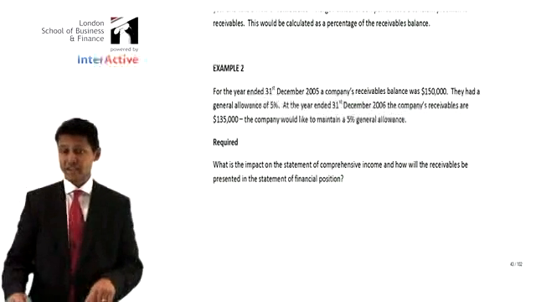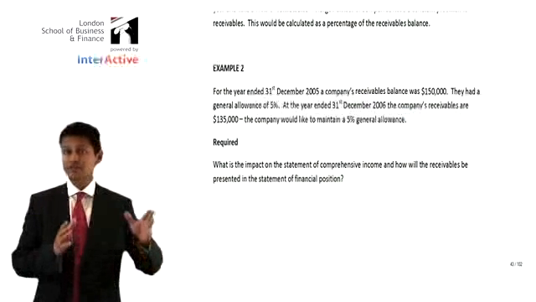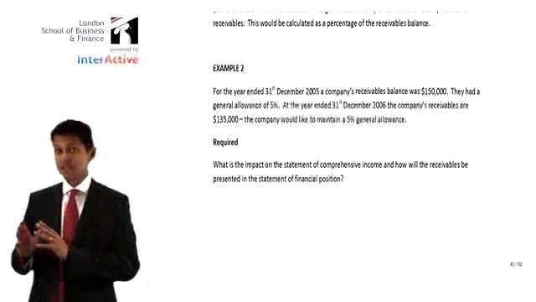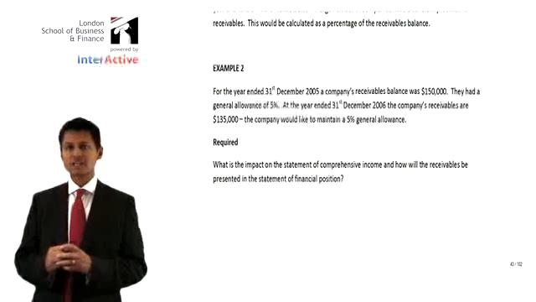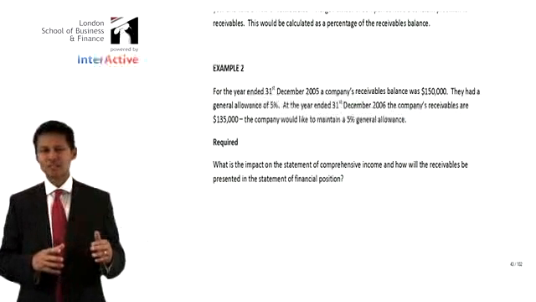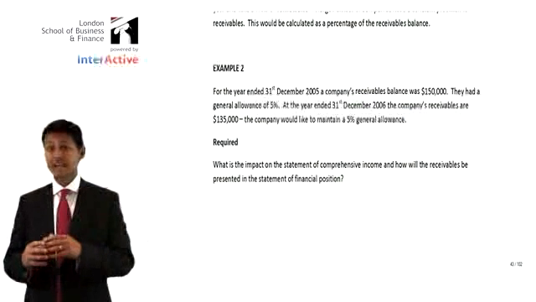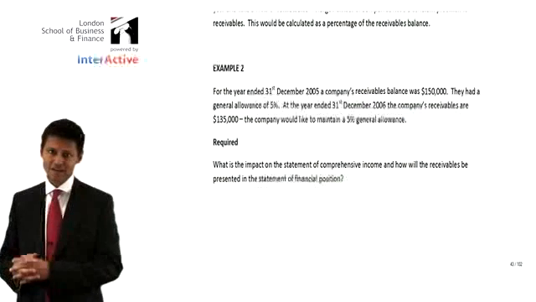And so if at the end of last year we provided 7,500, and at the end of this year we provided 6,750, clearly you can see that the receivables figure has gone down. Or shall we say, the receivables provision figure has gone down.